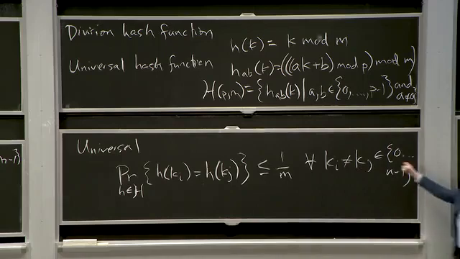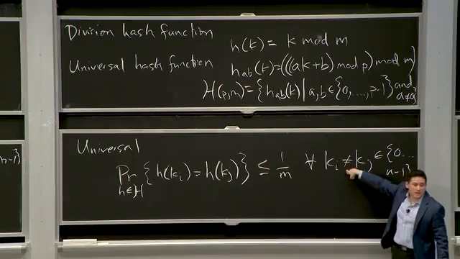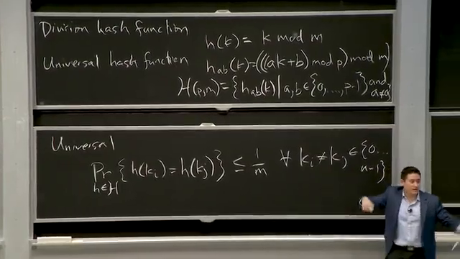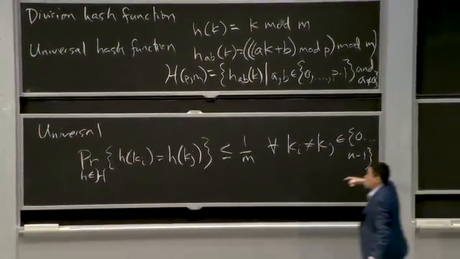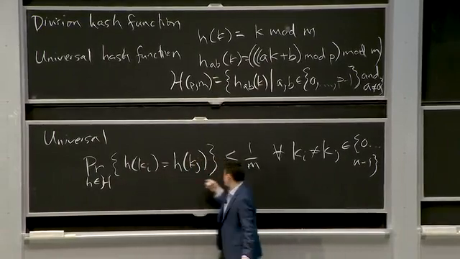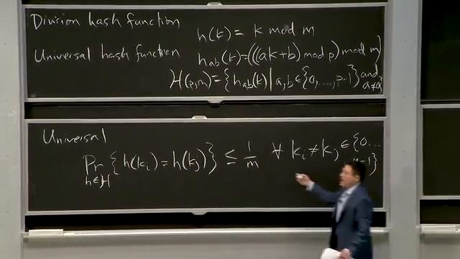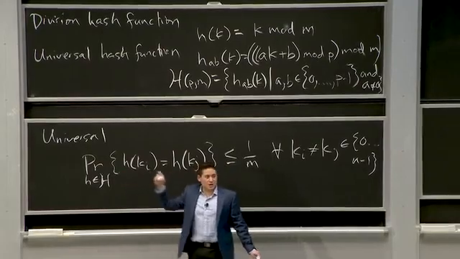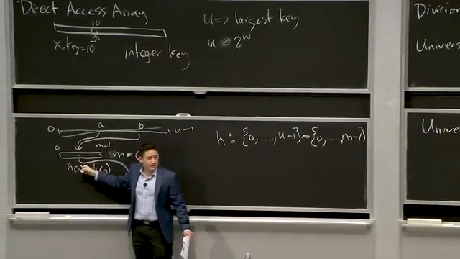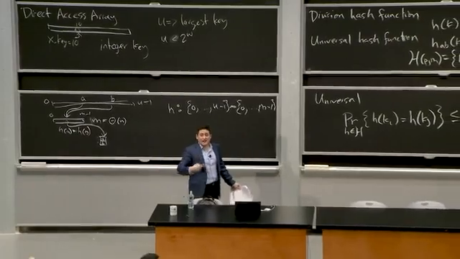Does that make sense? So if I randomly choose a hash function, then for any two keys I pick in my universe, the probability that they collide is at most 1 over m. Why is that good? This is, in some sense, a measure of how well distributed these things are. I want them to collide with only 1 over m probability, so it's not very likely for these things to collide.